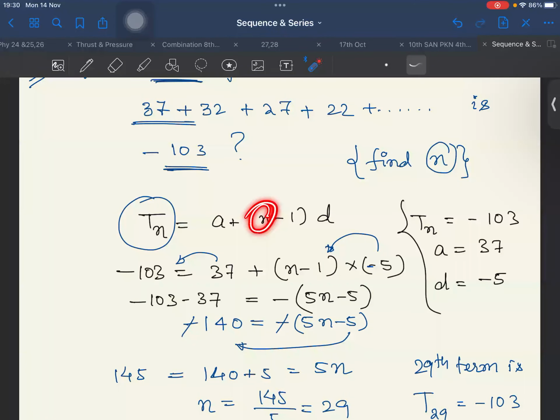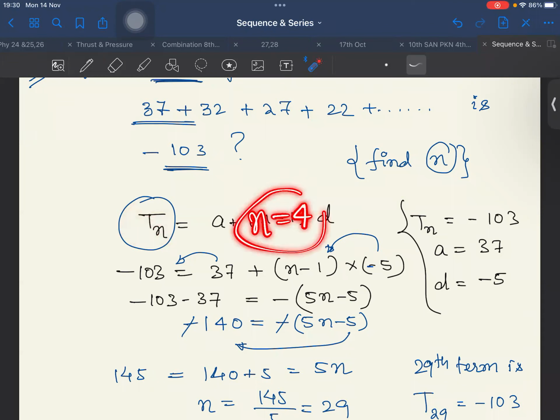So that's why it is the last term as well. Like if you put Tn equal to 27, you will get n equal to 3. If you put Tn equal to 22, you will get n equal to 4.